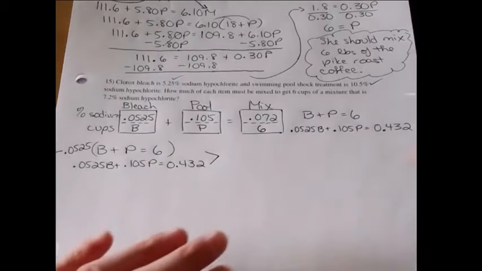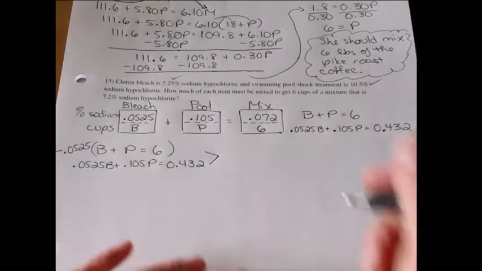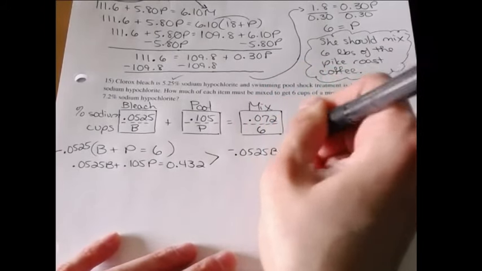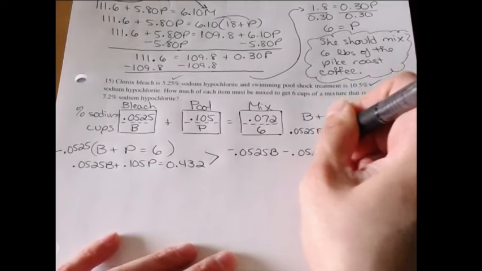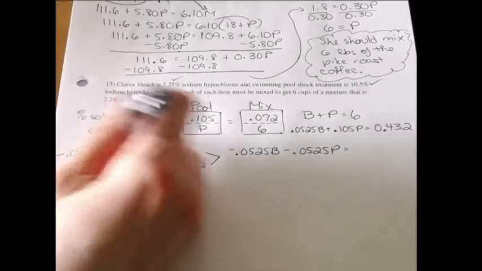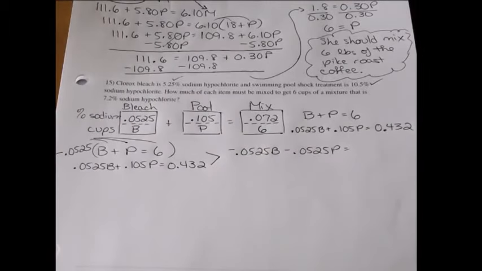Okay, let's see what we get. And again, this is elimination. So we have a negative 0.0525B. Negative 0.0525P is equal to, and remember we have to distribute to all 3 terms. So let's take that negative 0.0525 and multiply it by 6.